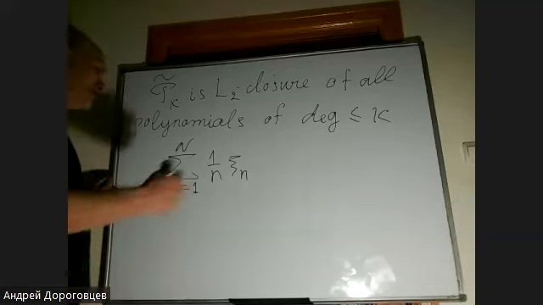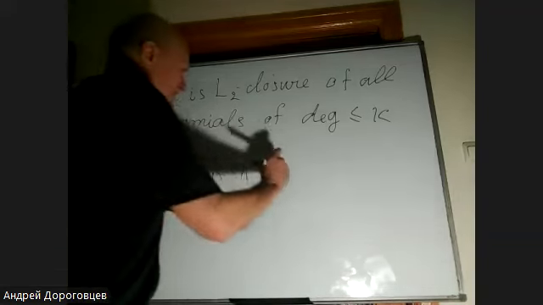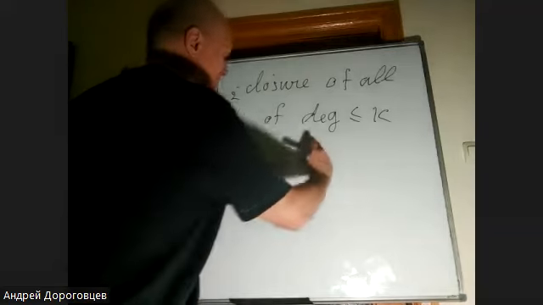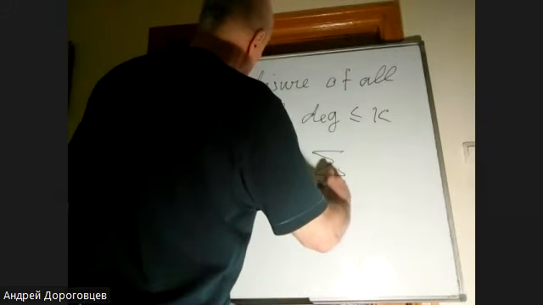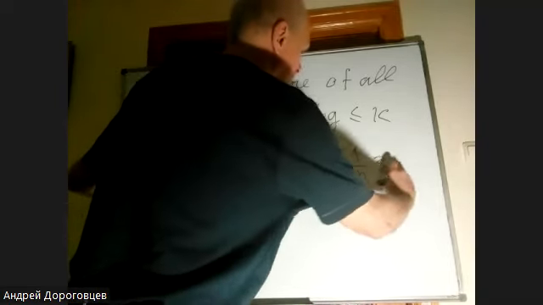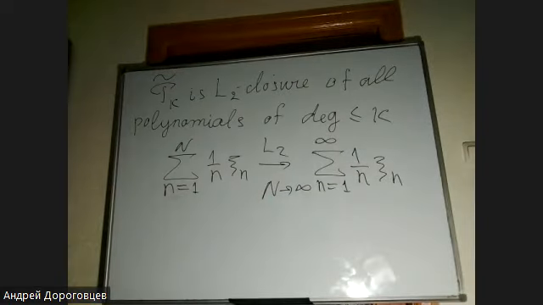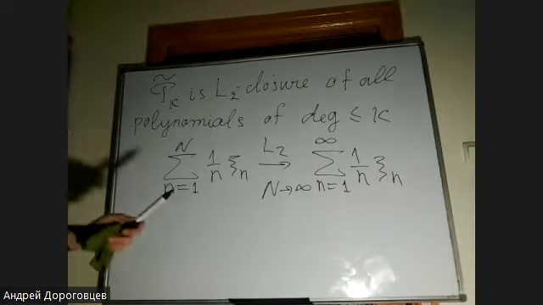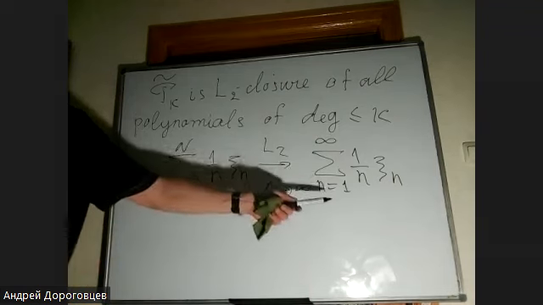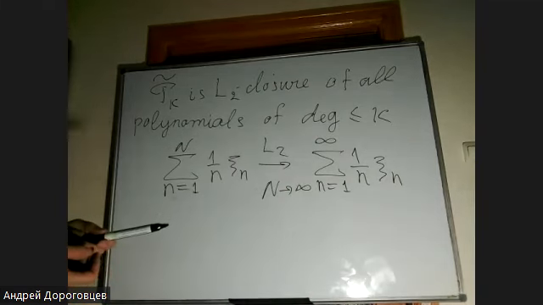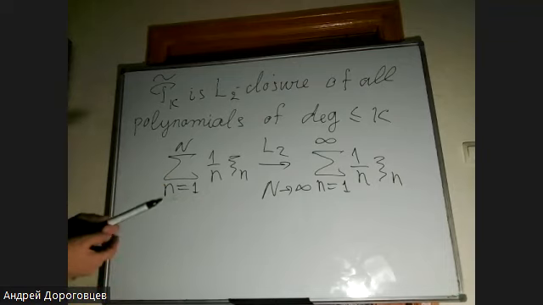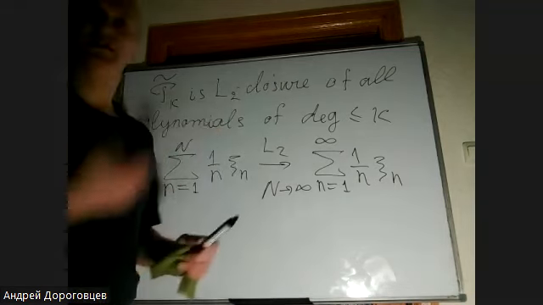But if we want to consider its limit as capital N tends to infinity, which exists, it is also a Gaussian random variable, jointly Gaussian with psi n. It's natural to say that this is also a polynomial of degree 1 from our sequence, but not in the algebraic sense. So I just say that this is the L2 closure.